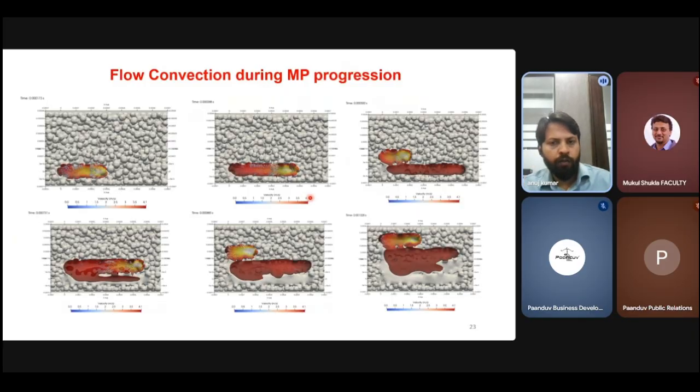So at any particular point, you can certainly predict melt pool dimensions, thermal history, and flow convections or velocity at that very point. And that will give you a complete picture of process dynamics at that point.